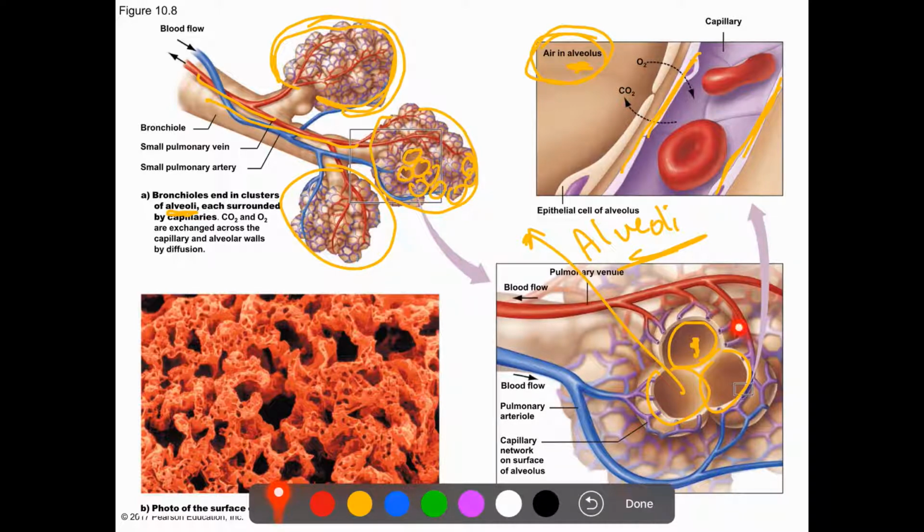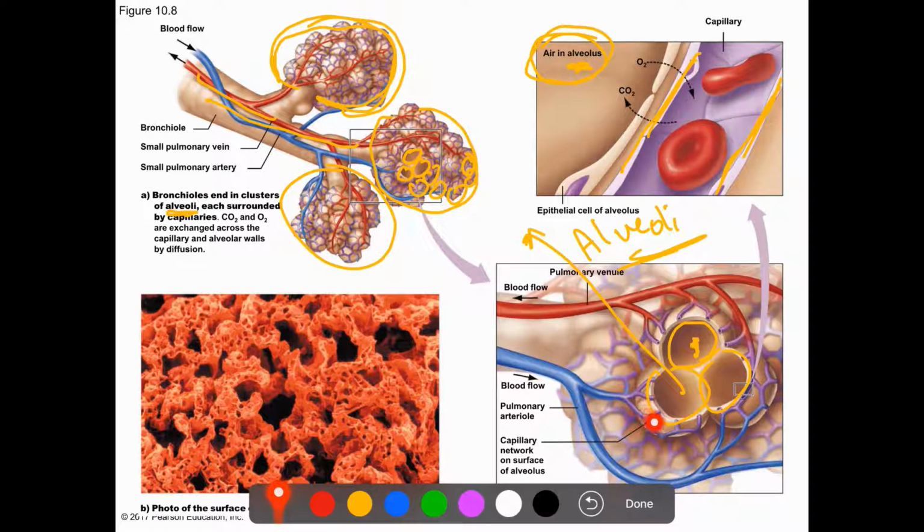Then, by this process, the oxygenated blood, the blood rich in oxygen, will be collected through the pulmonary venule and sent back to the heart through the pulmonary vein. So the blood comes to the lung through the pulmonary arteries.